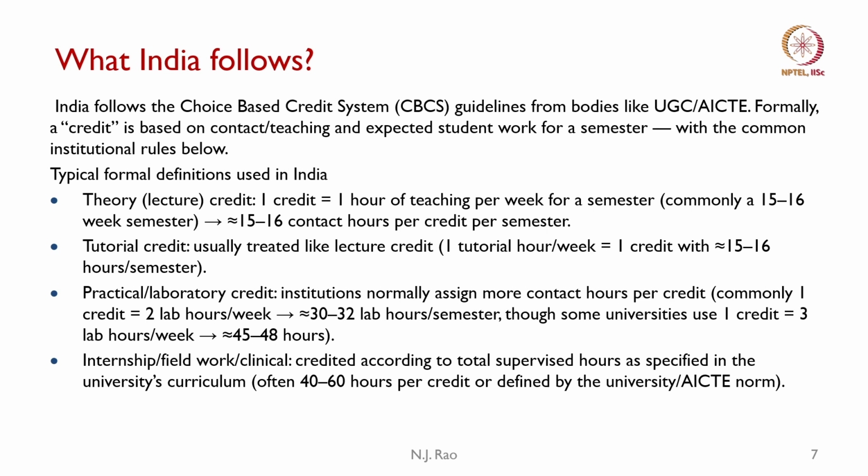Then practical or laboratory credit: institutions normally assign more contact hours per credit, commonly 1 credit equals 2 lab hours per week, 30 to 32 lab hours per semester, though some universities use 1 credit equals 3 lab hours per week, because some types of laboratory work require 3 hours, so they still call it 1 credit even if it is a 3 hour lab.